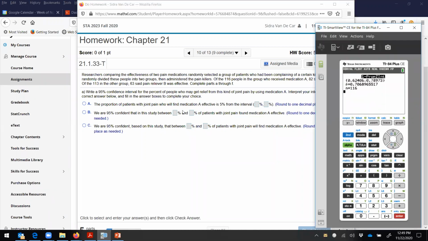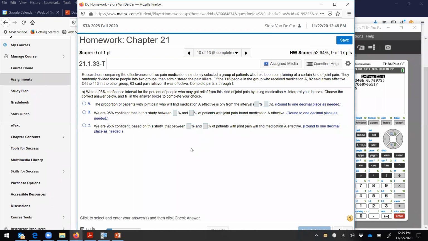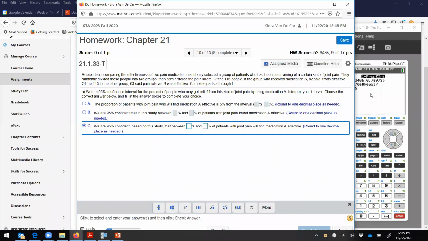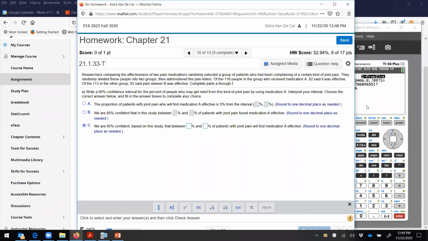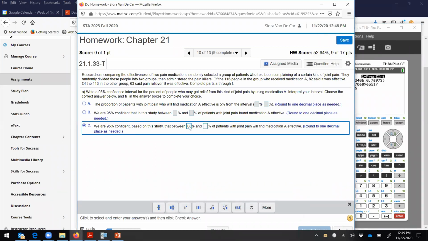Okay. We are 95% confident based on this study that between, how many decimals? 1 decimal. 0.6 and 0.8.